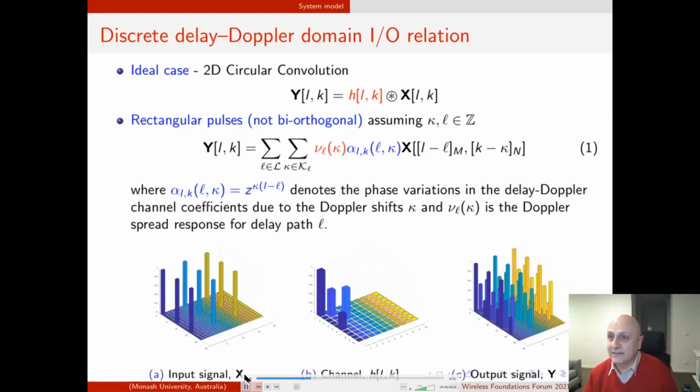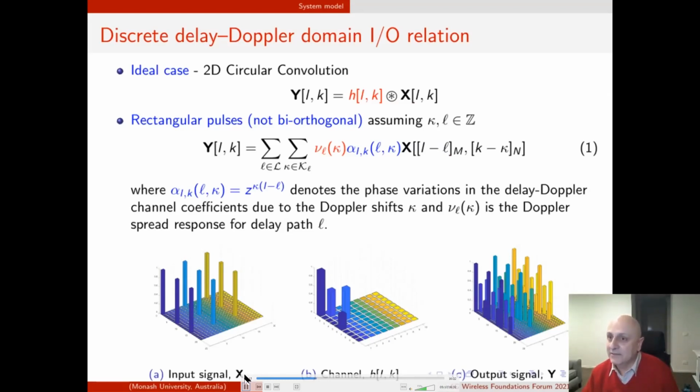And this is the case for any actual pulses, because no pulse will be perfectly concentrated in both time and frequency. They can be approximately concentrated in time and frequency, but whenever that happens, there will be some interference along the time or the frequency domain, and hence a loss of orthogonality.